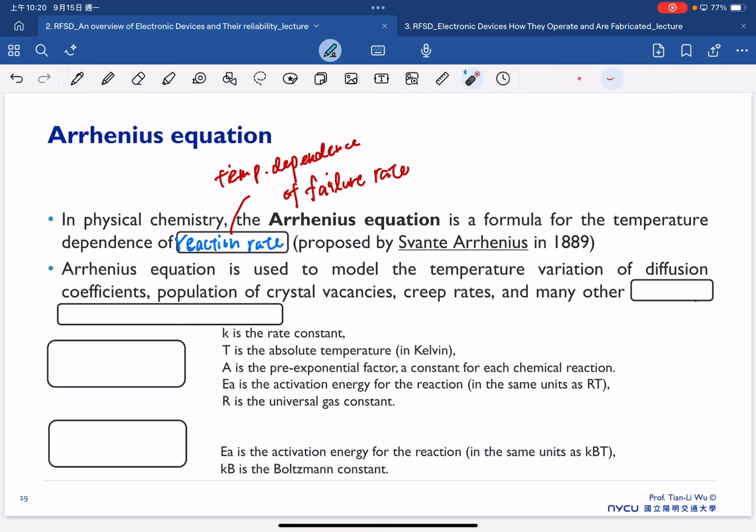So, the Arrhenius equation is used to model the temperature variation of the diffusion coefficient, population of crystal vacancy, creep rate, and many other thermally induced process reactions.